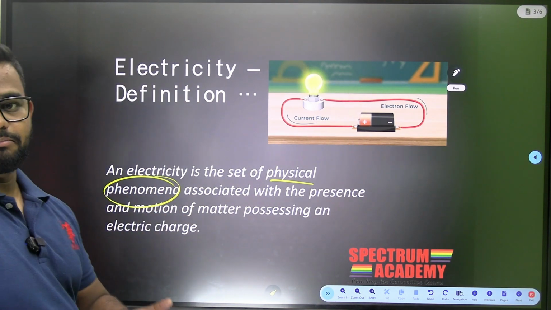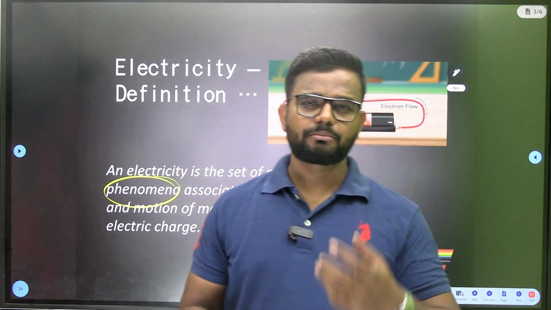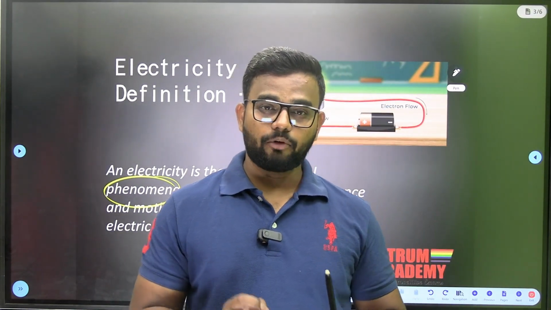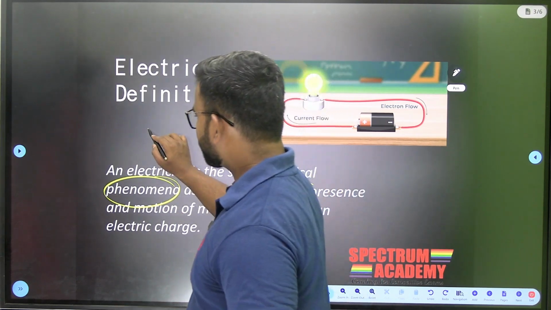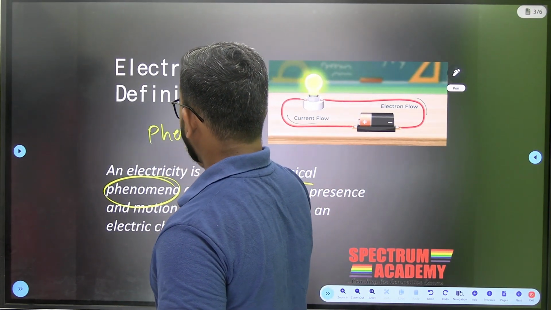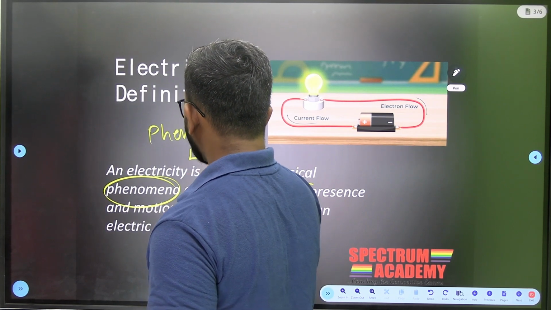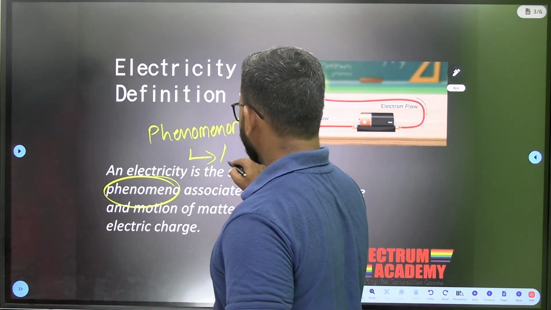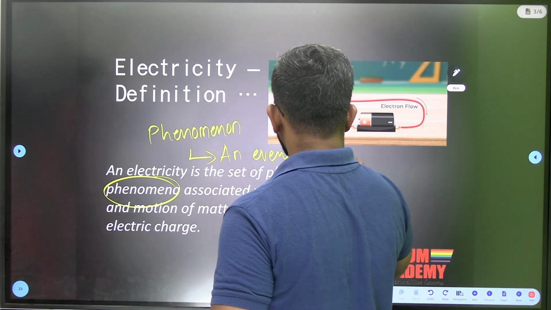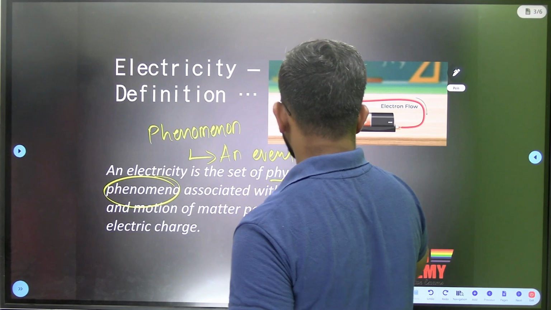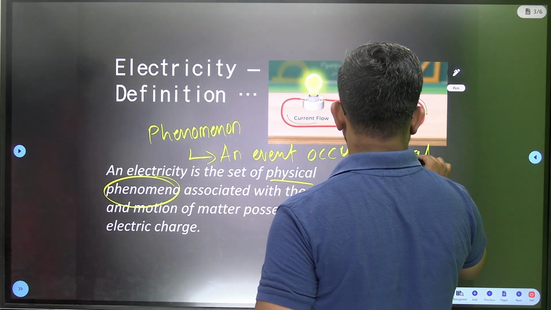You must have come across this word phenomena, and a lot of students keep on asking me, sir, what is the literal meaning of the word phenomena? So let me tell you here, phenomena is the plural form of the word phenomenon, and phenomenon means an event that occurs in nature or in society.